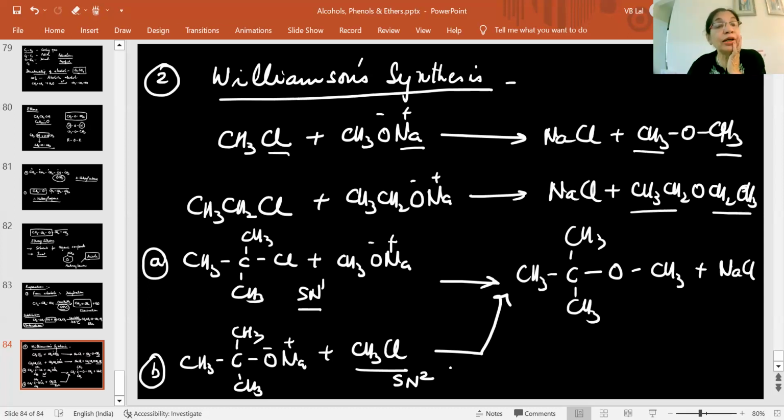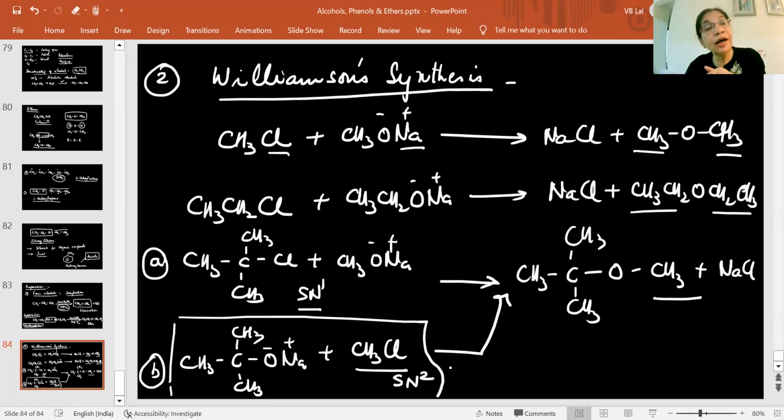So which is the better combination? This combination is the better combination. So if my ether is a mixed ether, where one side is tertiary and the other side is primary, then the primary should be forming the alkyl halide and the tertiary should be forming the alkoxide.